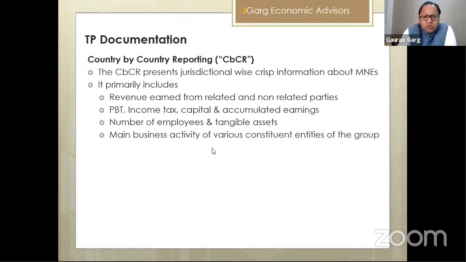But when it comes to the main business activity of various constituent entities in the group, we not only give data jurisdiction-wise, but in each jurisdiction, the different constituent entities and what functions they are doing. So this is what we do in CBCR.